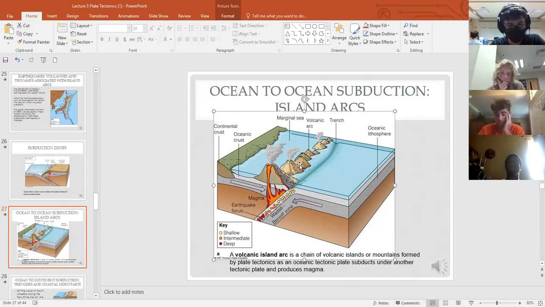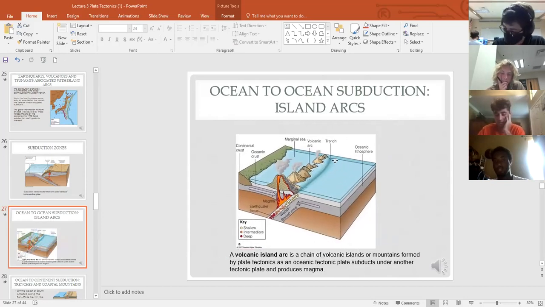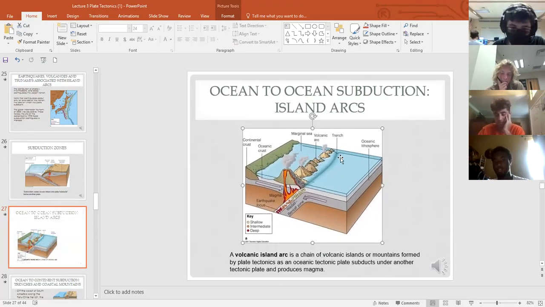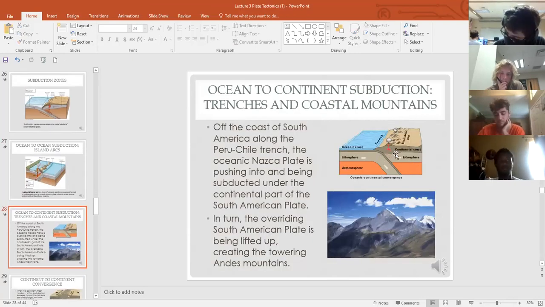This is typical of Hawaii, Caribbean, Aleutian Islands, the Philippines. So ocean to ocean subduction, island arcs forms archipelagos, is another term for it, archipelagos or island arcs. Our explosive type volcanoes, like the Andes, the highest here, are ocean to continent.